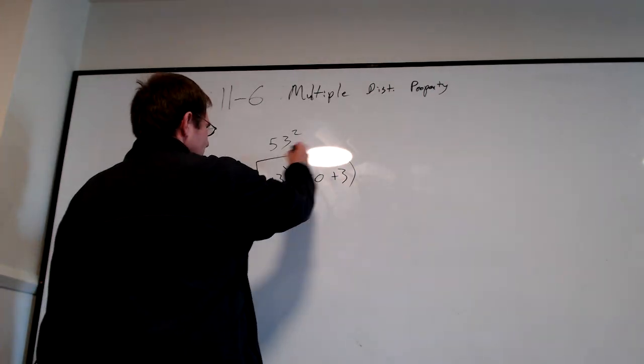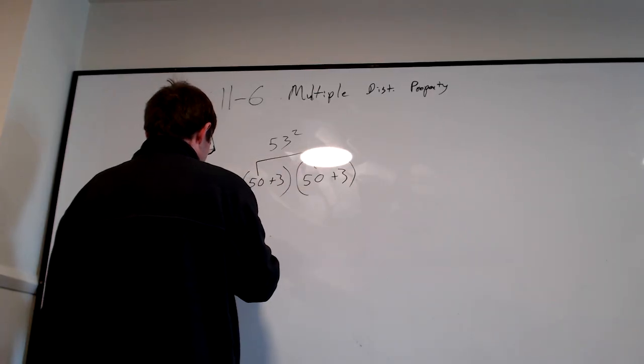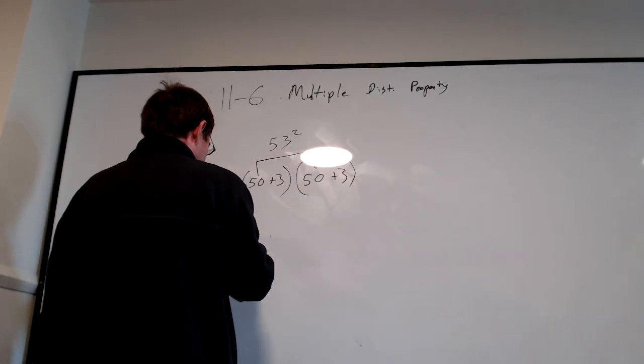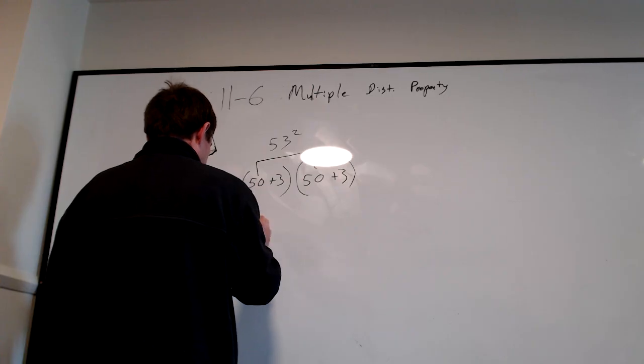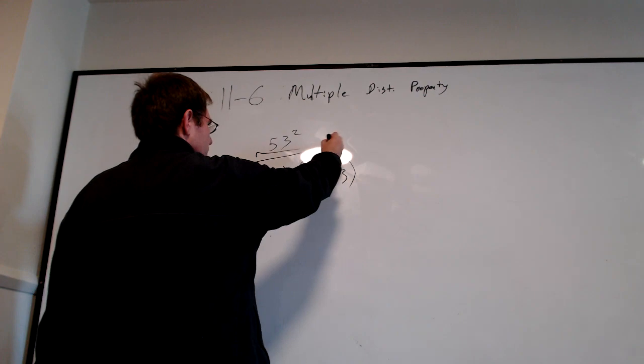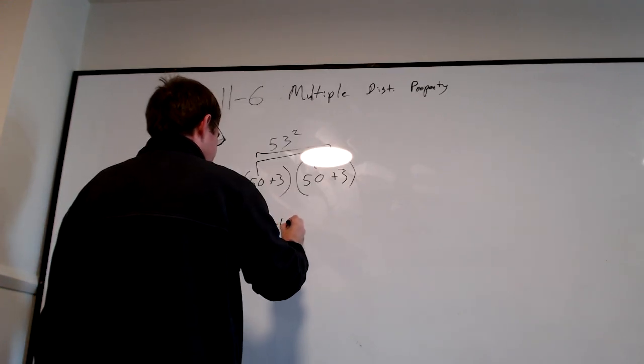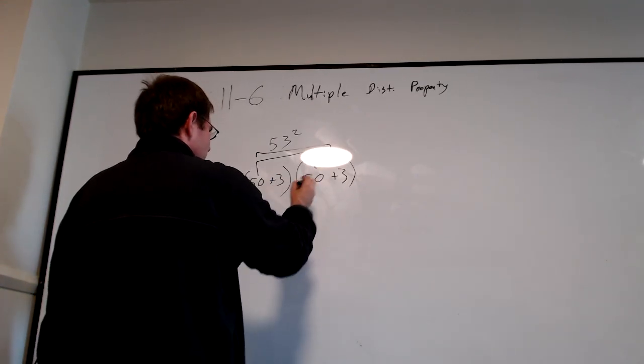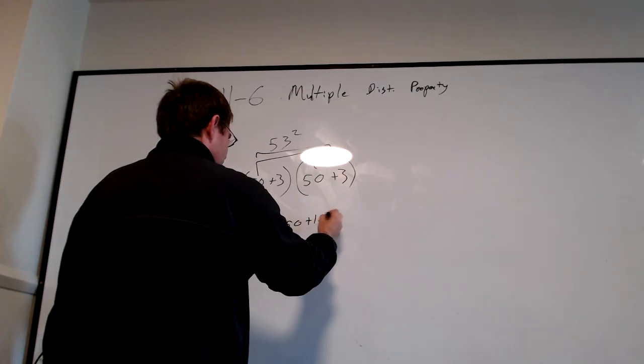So we would have 50 times 50, which is 2,500. Then we have 50 times 3, so that's plus 150. Then we have 3 times 50, plus 150.